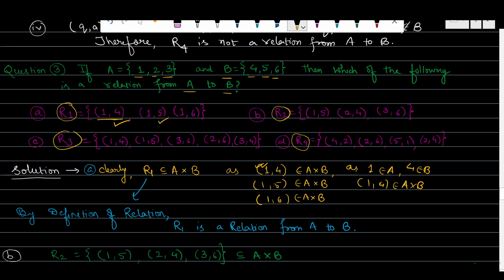Similarly, 1, 5 belongs to A cross B, and 1, 6 belongs to A cross B. So this is a subset of A cross B, hence R1 is a relation from A to B.